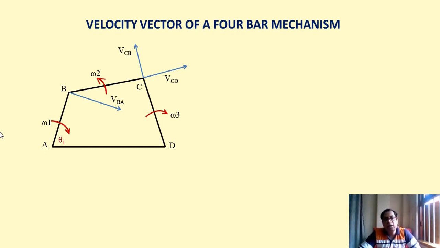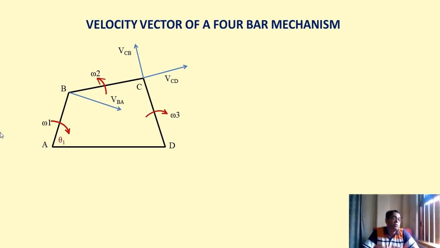The red colored crank, named here AB, has an angular velocity of rotation omega 1, rotating in the clockwise direction. Now remember that when that happens, the next link, which is called the connecting rod and indicated by BC over here, has a tendency of rotation in the reverse direction.